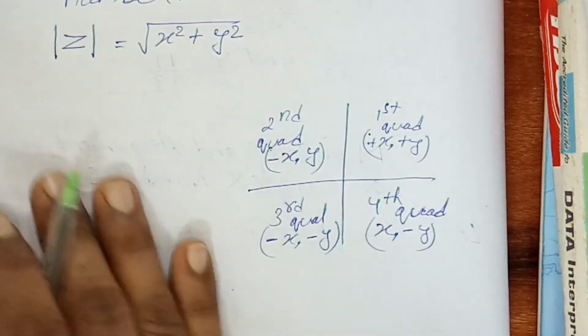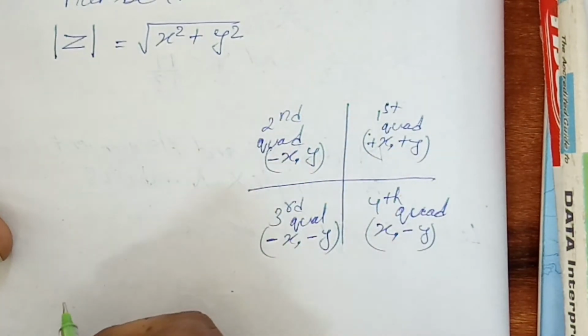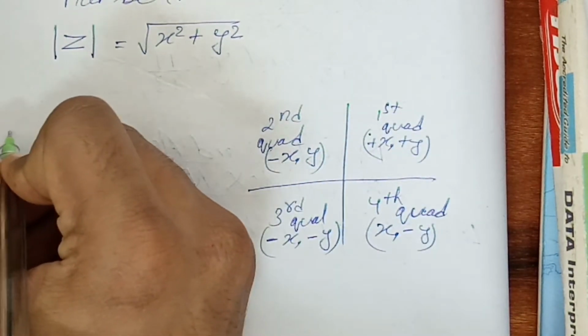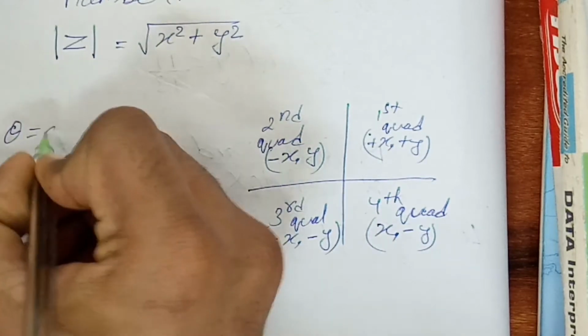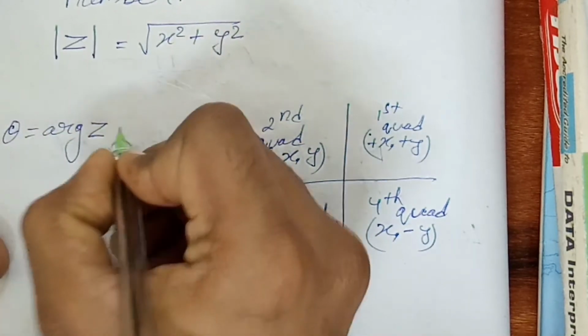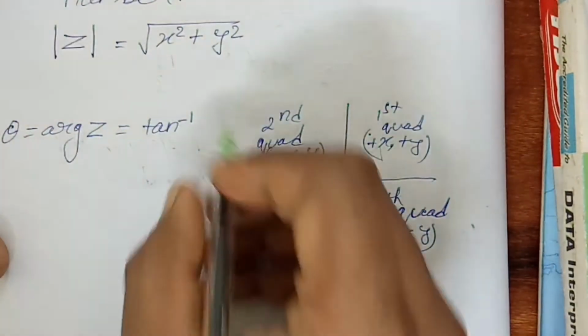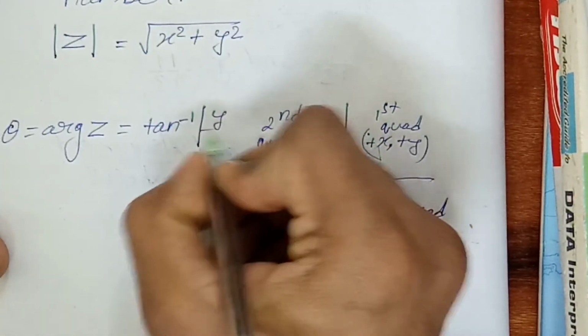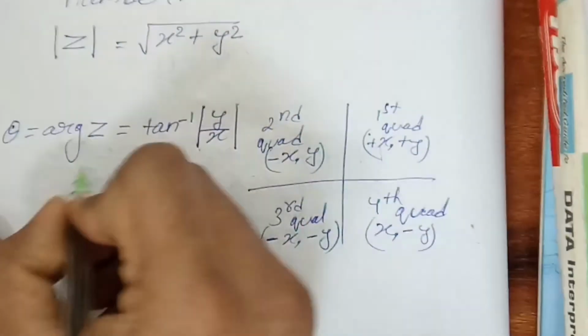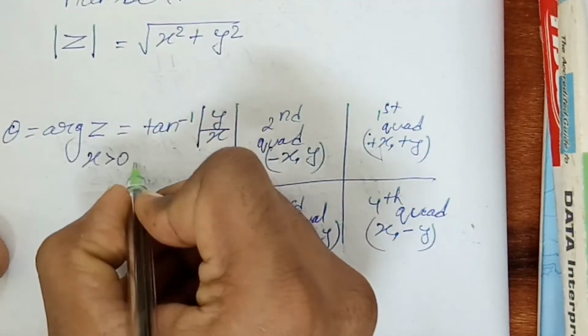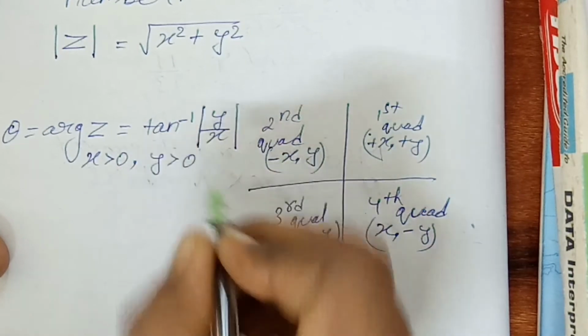If x is positive and y is positive, then the argument of z, that is theta, is equal to tan inverse of mod y by x, when x is greater than 0 and y is greater than 0.